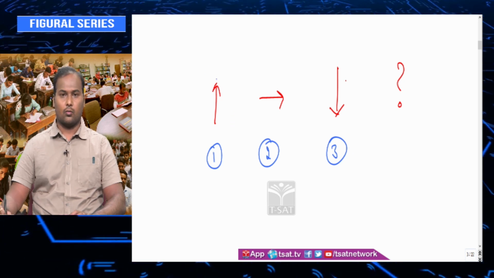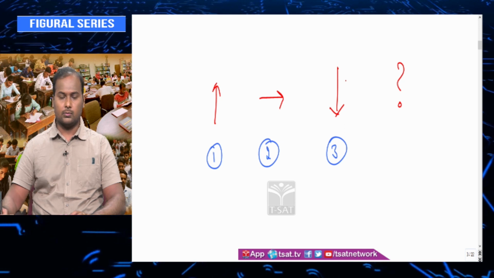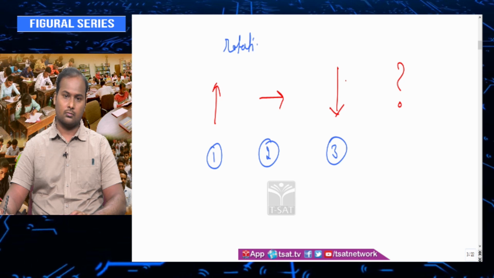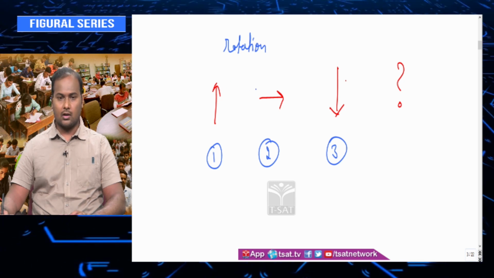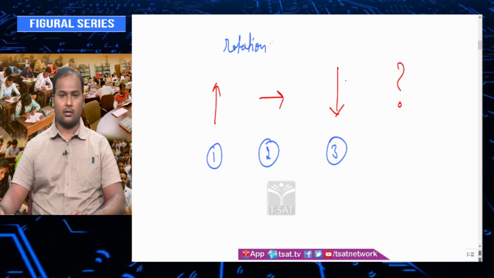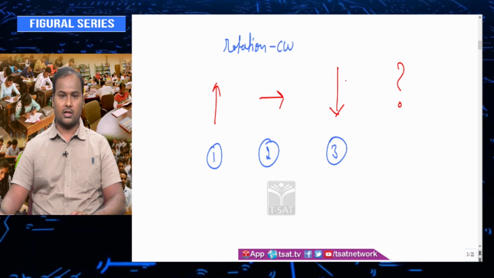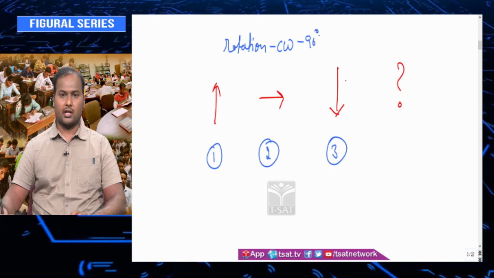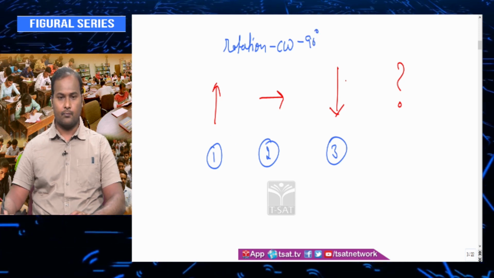In this case, what is the change I can observe from 1 to 2? The change is rotation, whether it is rotating in the clockwise or anti-clockwise direction. In this case, it is rotating in which direction? Clockwise direction. By how many degrees? 90 degrees. So that is the change I can observe from figure 1 to figure 2.